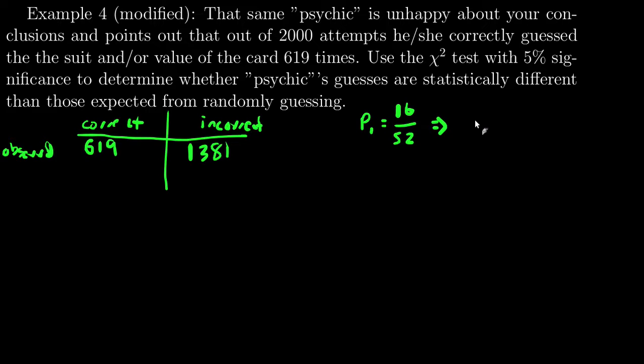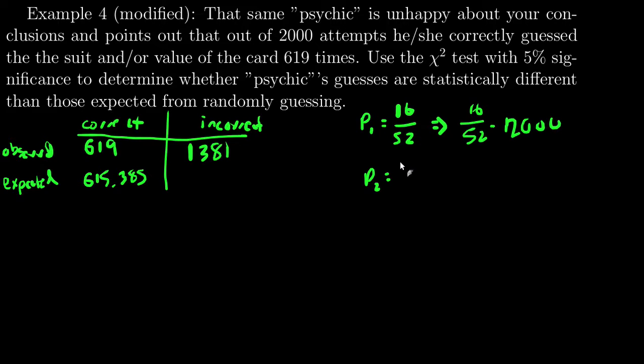And that means that the expected value here will be found by doing 16 over 52 multiplied by 2,000, which is approximately 615.385. And on the other side, the incorrect, so probability 2, that's just the remaining.